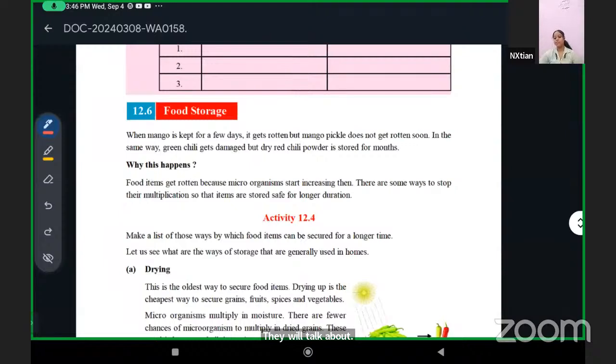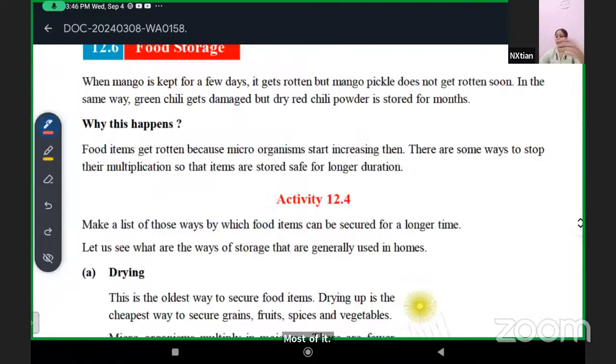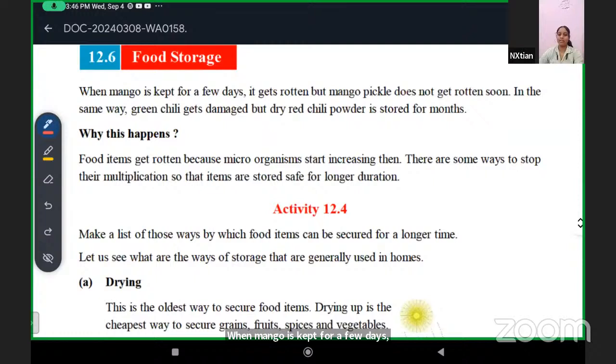When mango is kept for a few days, it gets rotten, but mango pickle does not get rotten soon. In the same way, green chili gets damaged, but dry red chili powder is stored for months. Why does this happen? Food items get rotten because microorganisms start increasing then.